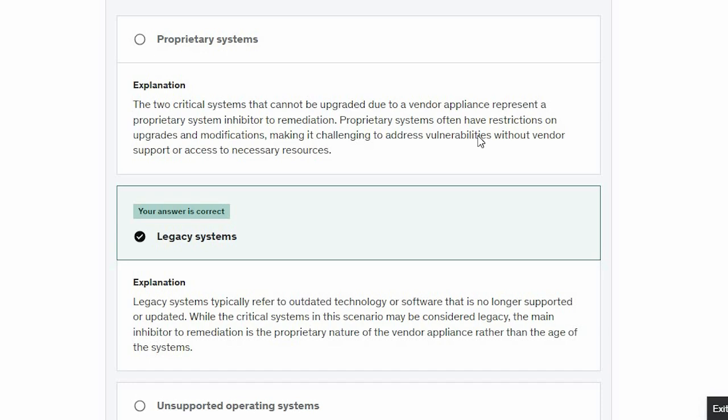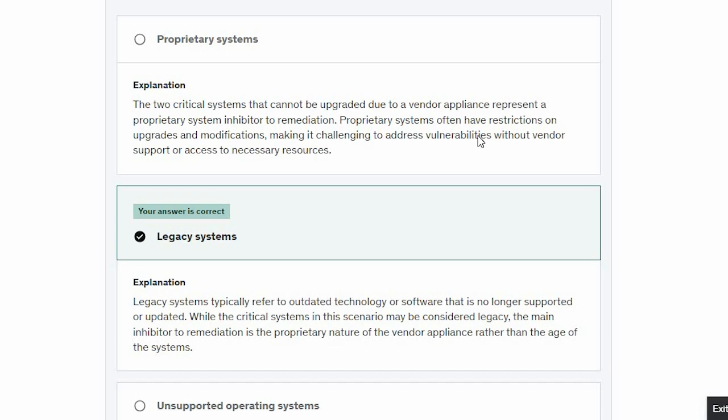Legacy system, which is the correct answer for this scenario. Legacy system typically refers to outdated technology or software that is no longer supported or updated. While the critical system in this scenario may be considered legacy, the main inhibitor to remediation is the proprietary nature of vendor appliance rather than the age of the system. So legacy system is the correct answer for this scenario.